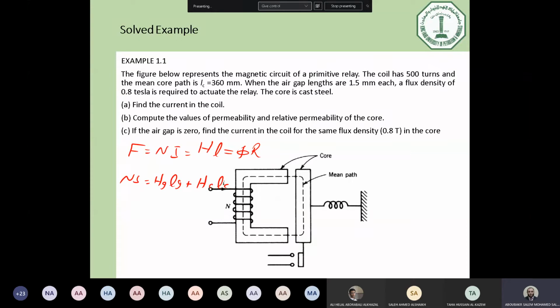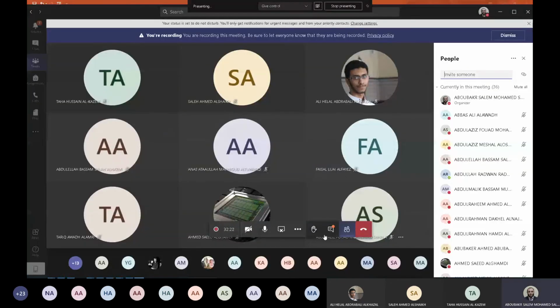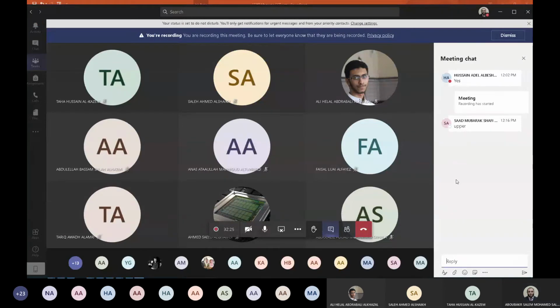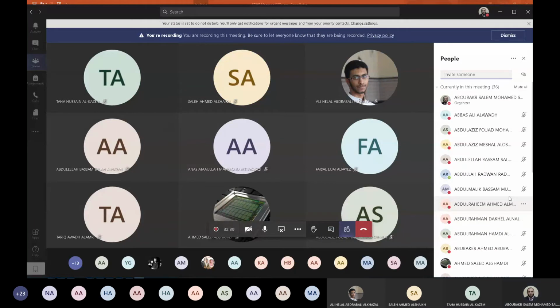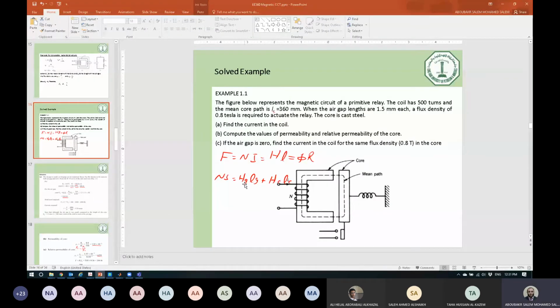Someone else can answer, please. Who can answer? Abbas? Yes, Doctor. Can you answer, please? Again, the question is, now we could obtain the value of H core using the BH curve.